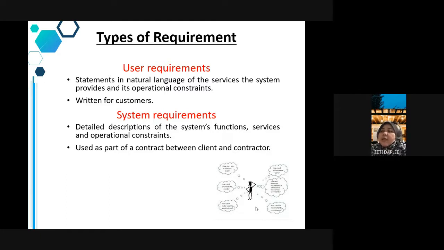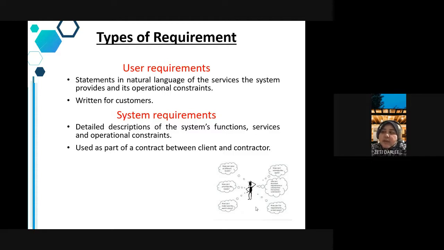Okay. So tak boleh too detail lah. Kita kena be generic but then be clear. Whereby the system requirement is for the developers team, punya reference and documents, description. It's a detailed description of the system function, service and operational constraint. So kalau kita bagi system requirement, because team developer, they already have a good knowledge on what's going on.